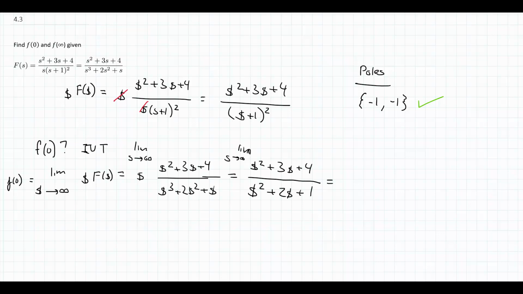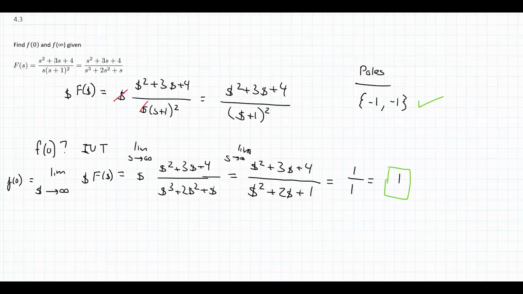So the rule is when the degree of the numerator is the same as the degree of the denominator, and we're taking a limit of our variable going to infinity, then the limit is the ratio of the leading coefficients. So in this case, it's going to be 1 over 1, because I have a 1s squared on top, and a 1s squared on the bottom. So our initial value here is that f of 0 is equal to 1.